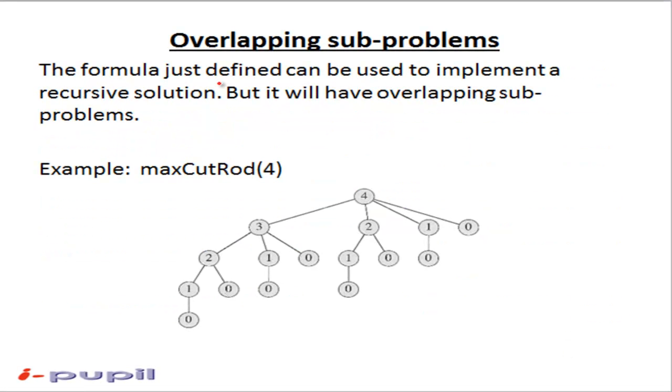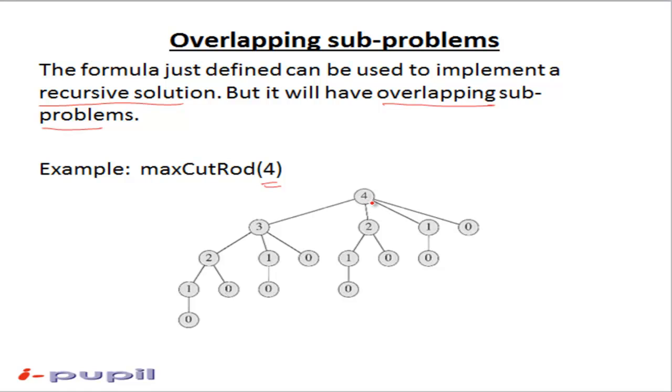The formula just defined can be used to implement a recursive solution, but it will have overlapping subproblems. For example, suppose we are asked to find the max cut rod, that is the best possible price for a rod of length 4. So to calculate this, let's have a look at its recursion tree.